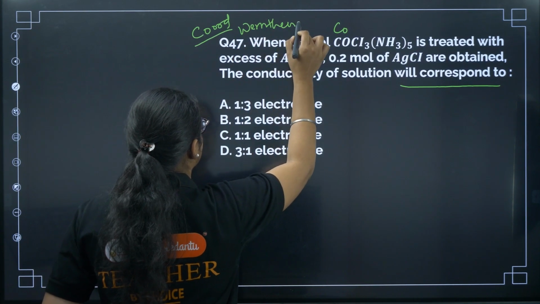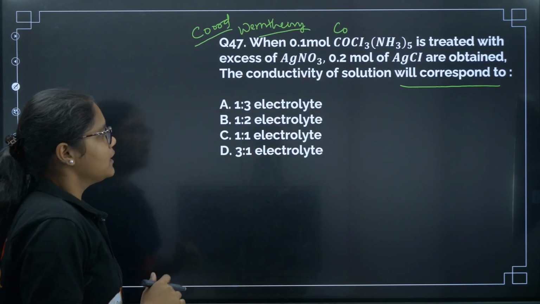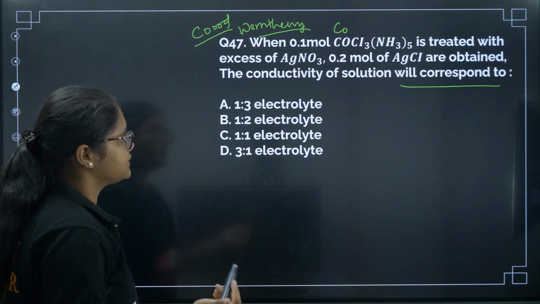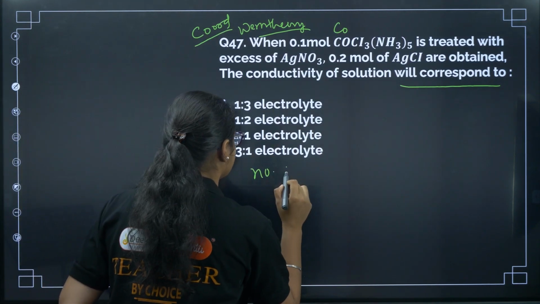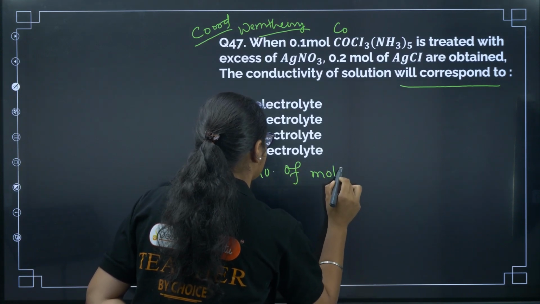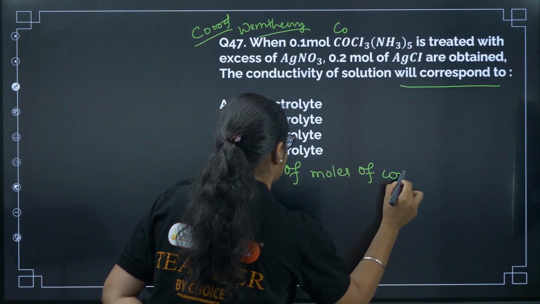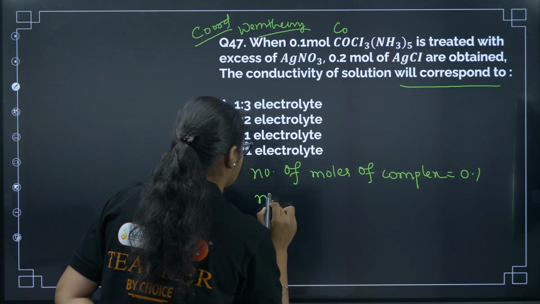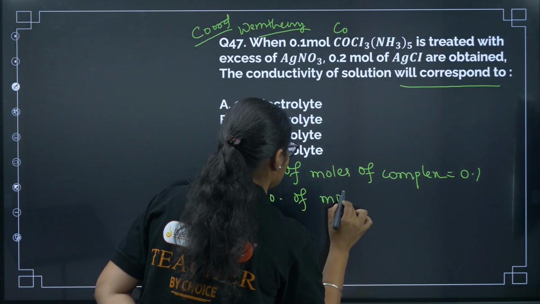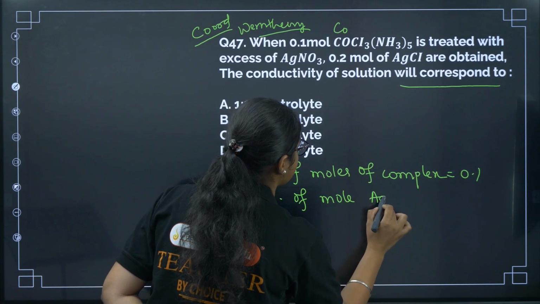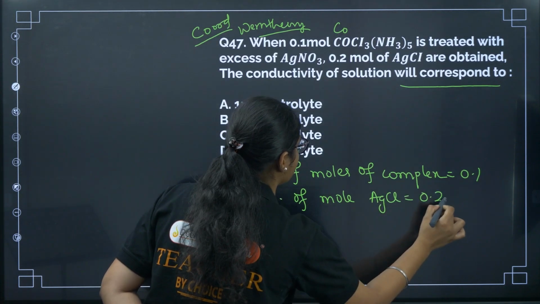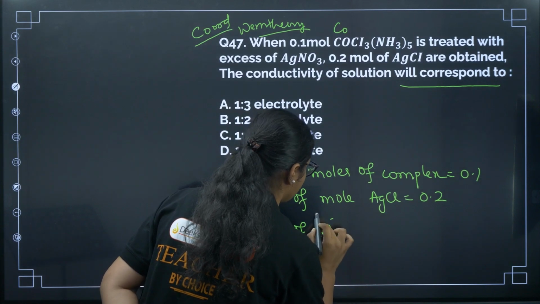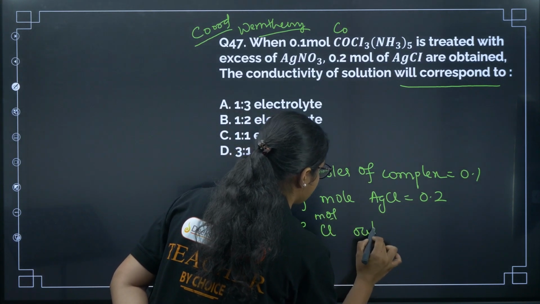Many questions are asked from this topic or concept. Now when we add 0.1 mole of this complex, the number of moles of coordination complex is 0.1, and the number of moles of AgCl formed is 0.2. Then what is the number of moles of chlorine outside?